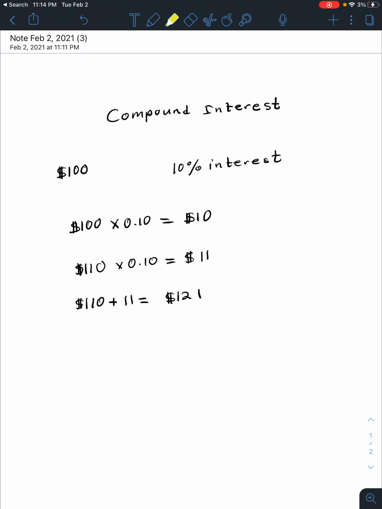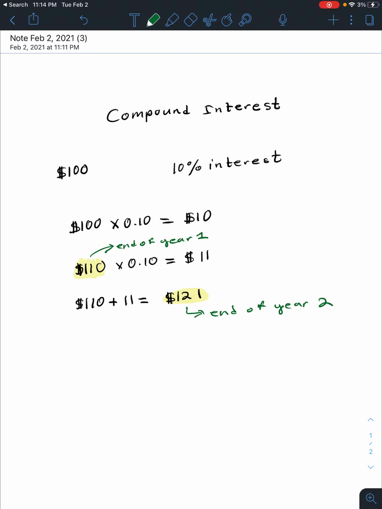So let me highlight the years. This is the end of year 1, and this is the end of year 2.